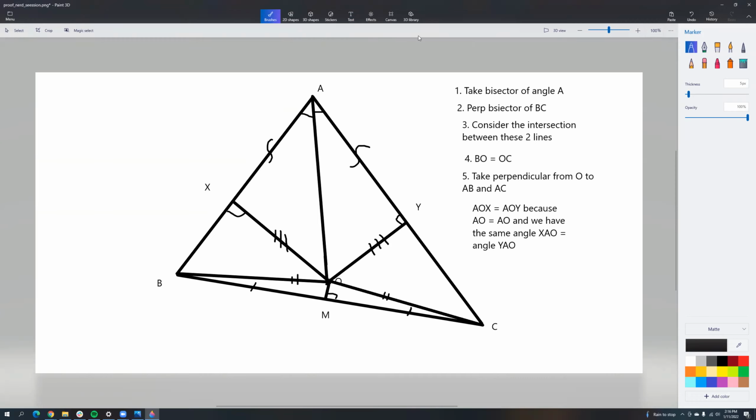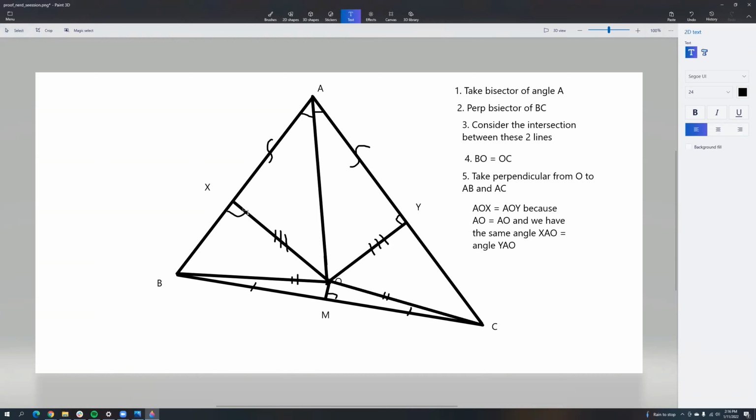Now we need to look at the other triangles, XBO and YOC. My claim is that XBO equals YOC because we have the same hypotenuse and the same leg. And again, if you look back at the second lemma, if the hypotenuse is the same and one leg is the same, then the triangles are congruent.